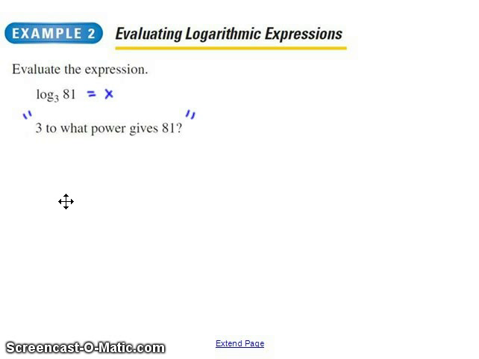Once you translated that in words, you were able to rewrite it algebraically, and this is essentially saying the same thing. 3 to what power equals 81. And once you saw that, you were able to realize that the power you needed was 4. So x is 4, so in other words, log base 3 of 81 is equal to 4. That's from the last video.